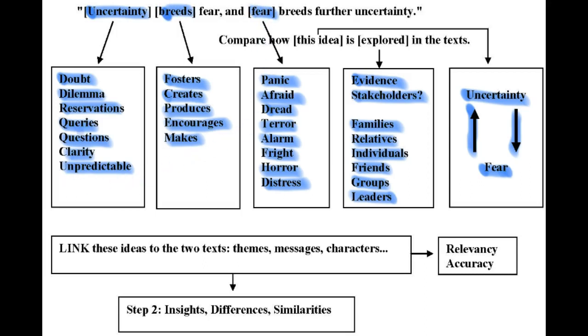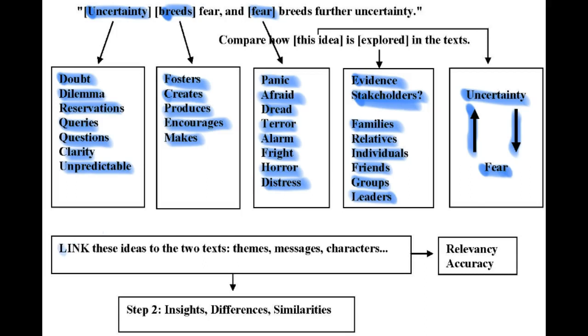So in this case, we're thinking about the kinds of doubts or dilemmas that certain stakeholders will have, which causes them to produce or make fear, being afraid or having terror or being in distress, and that in turn causes them to become more uncertain.